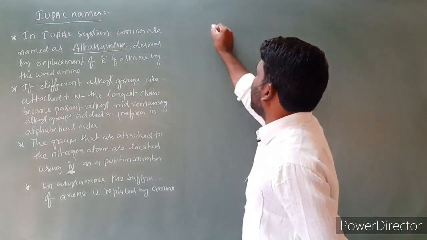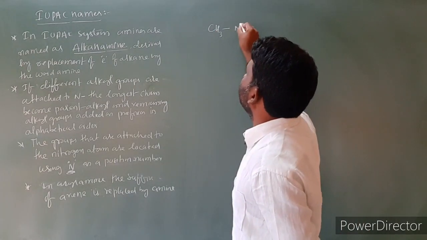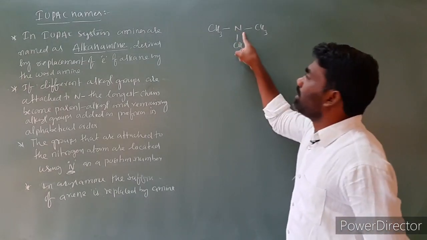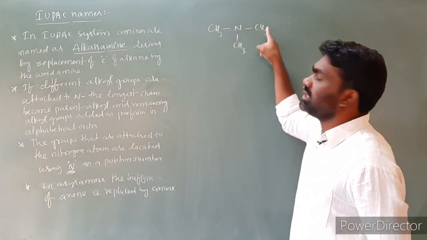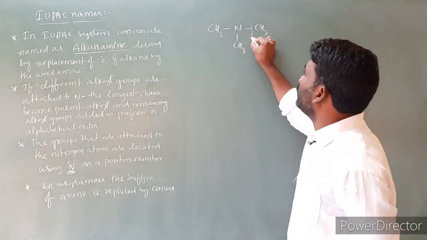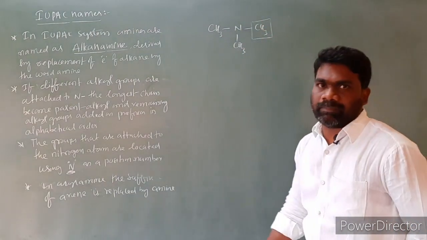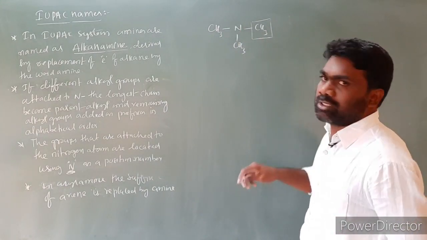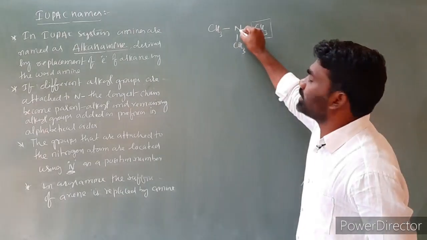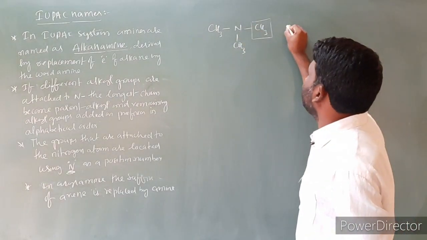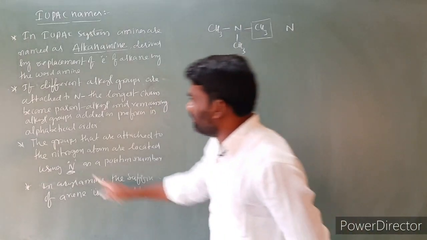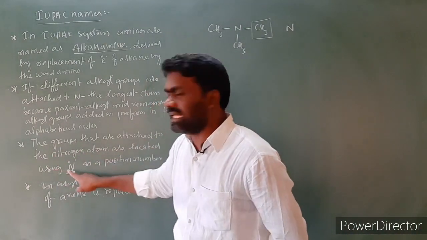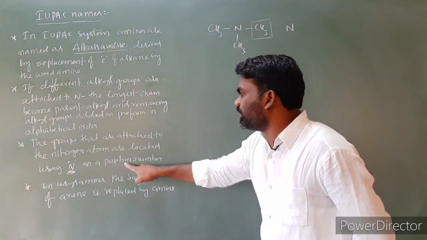Next example. I am taking CH3 N CH3 CH3. All alkyl groups attached to nitrogen are the same. All are methyl groups, so you can take one alkyl group as the parent, and the remaining you take as substituents attached to the nitrogen. So how to write the name? This is methyl, this is methyl, both attached to nitrogen. Then we look at their position by N. The groups attached to the nitrogen are located by using N as the position number.